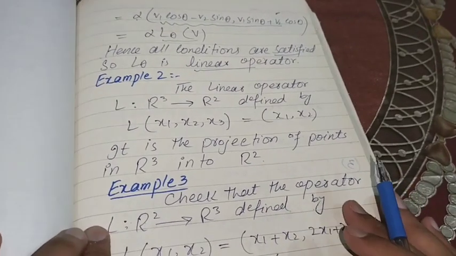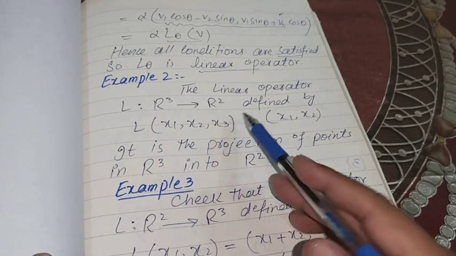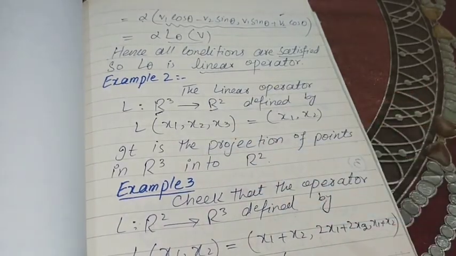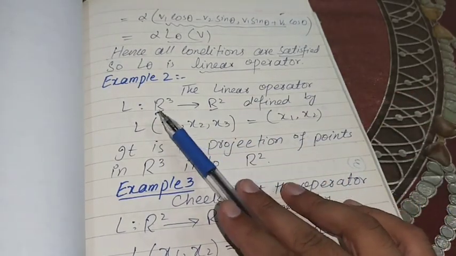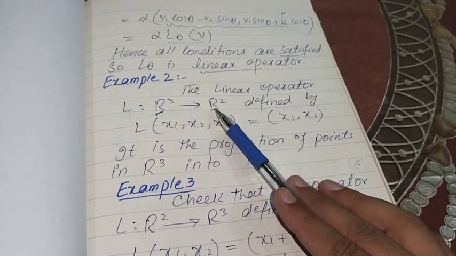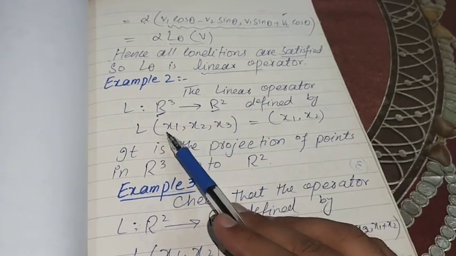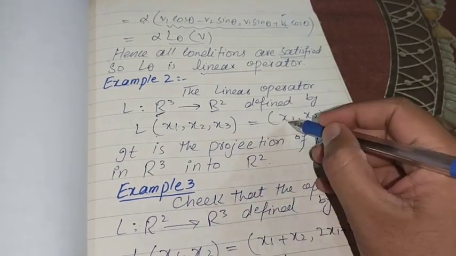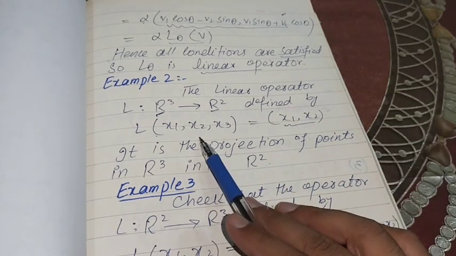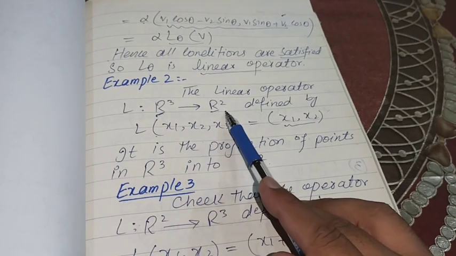And now we will move toward the second example, in which we will define a linear operator from R cube to R square, or we say that we will define the linear operator from a three-dimensional space to a two-dimensional plane. We define this linear operator by L of x1, x2, x3 is equal to x1 and x2, and we will see that this linear operator is the projection from the points of R cube to R square.